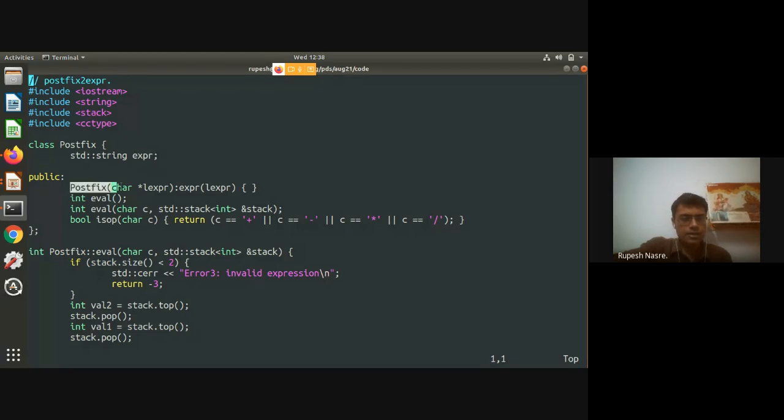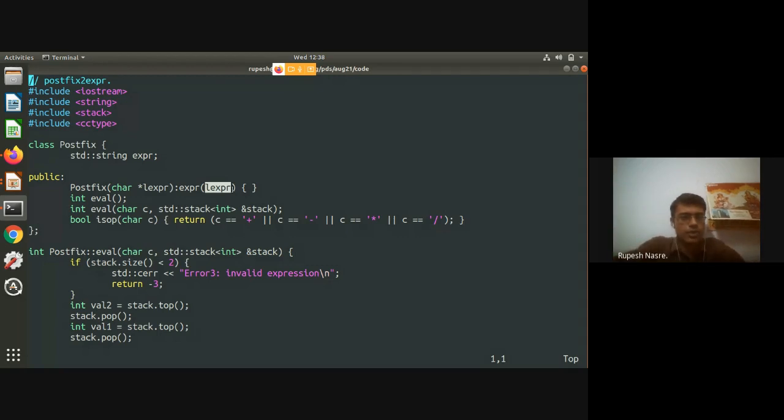The constructor takes char star as an argument, and it initializes expr, that is the private variable here, with whatever is the argument passed. Right? So I'm initializing expr, which is of type string, with an argument which is of type char star. So this also invokes the constructor of string and so on.